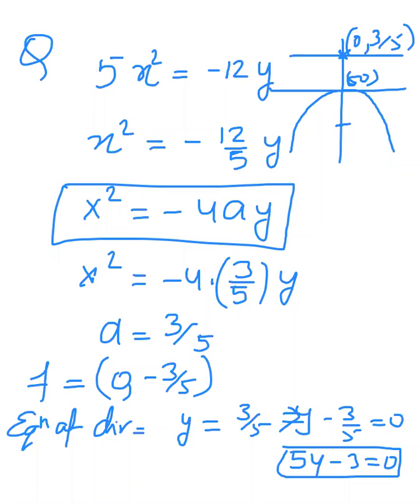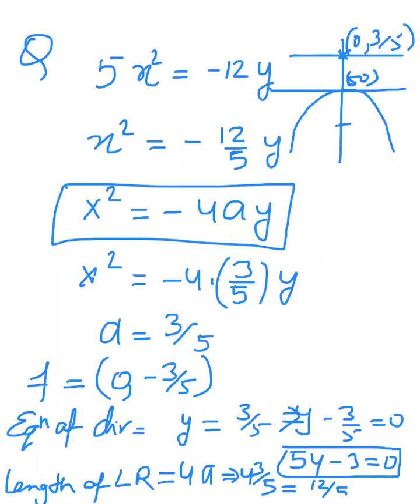Next is the length of latus rectum. Length of latus rectum is 4a. So it implies 4 into the value of a, which is 3 upon 5. So it comes to 12 upon 5. Length of latus rectum is 12 upon 5.